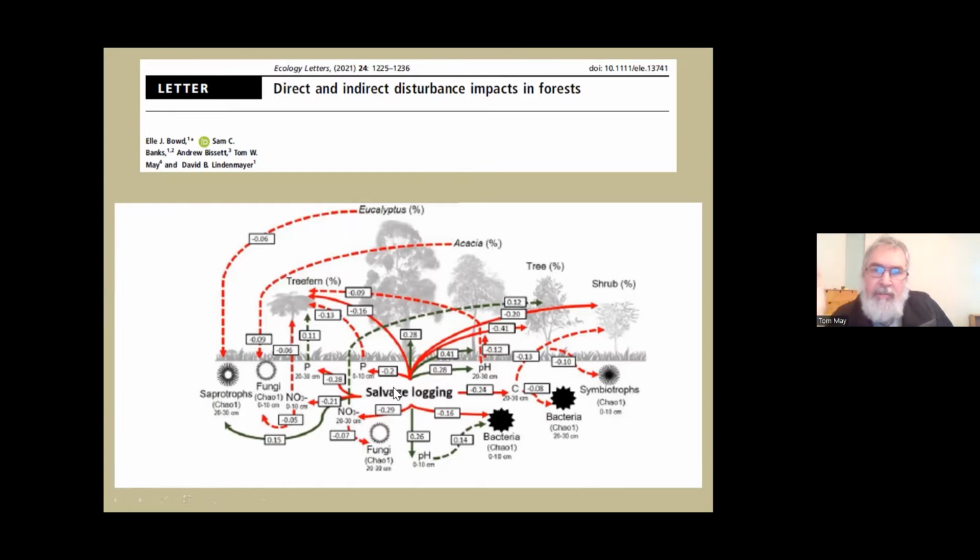And it just shows that if you do something, it has effects, and there are indirect and direct effects. So the salvage logging increased the pH, that had a cascading effect onto the bacteria and so on.